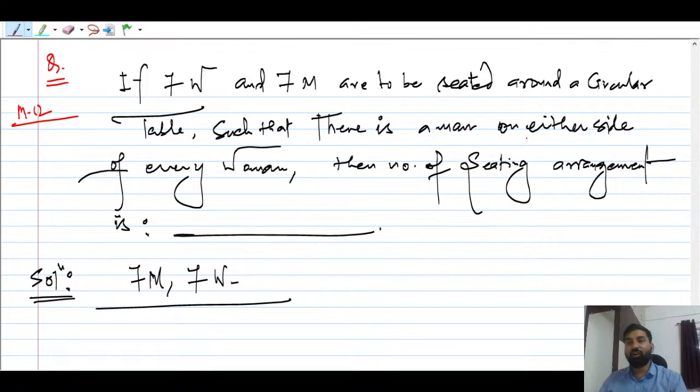There is a man on either side of the women.